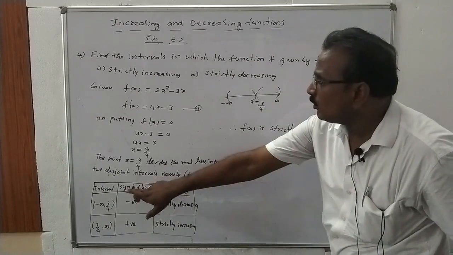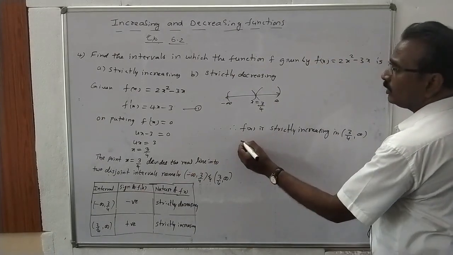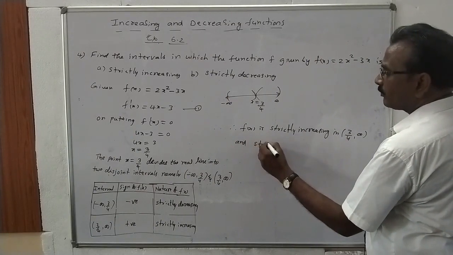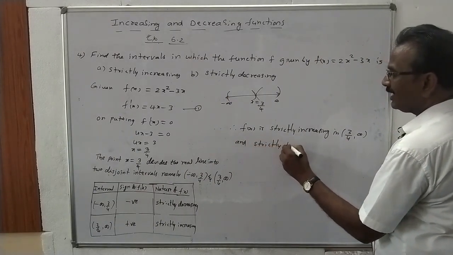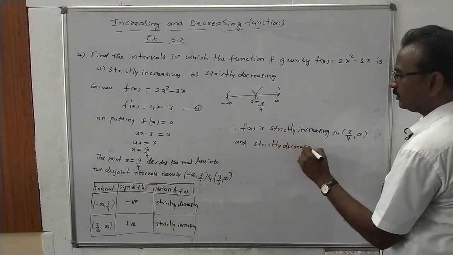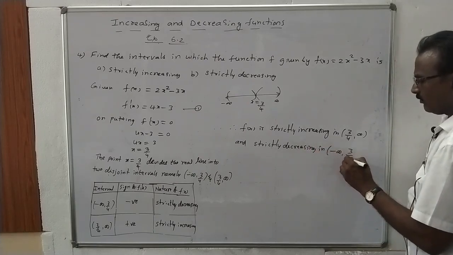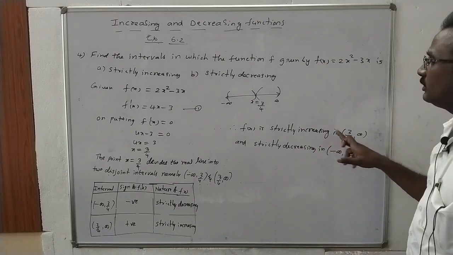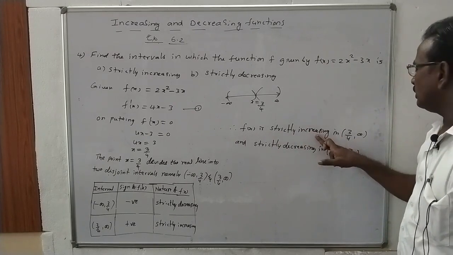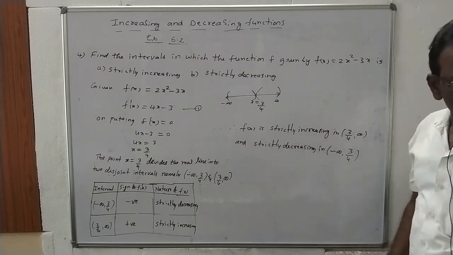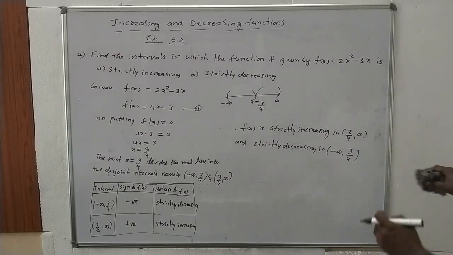Strictly decreasing in the open interval minus infinity comma 3 by 4. So in this interval f of x is strictly increasing, in this interval f of x is strictly decreasing. So this is the fourth question.